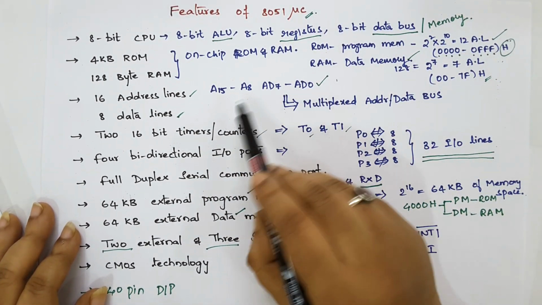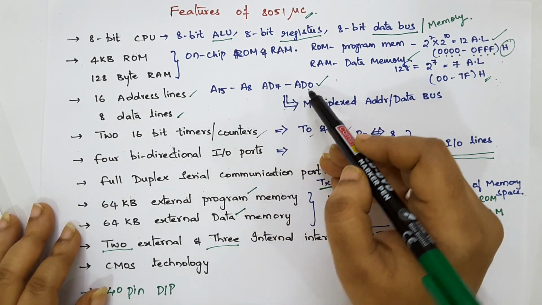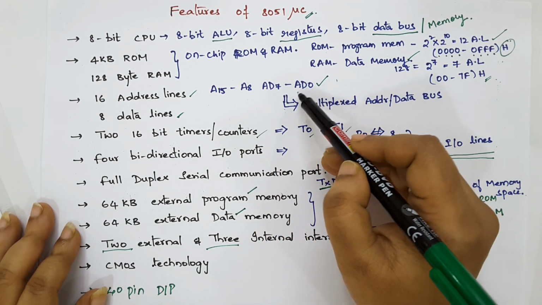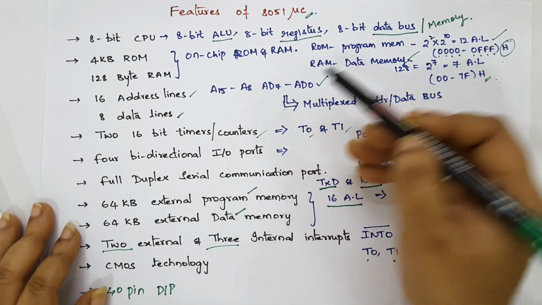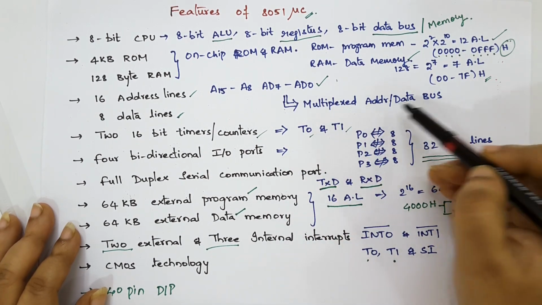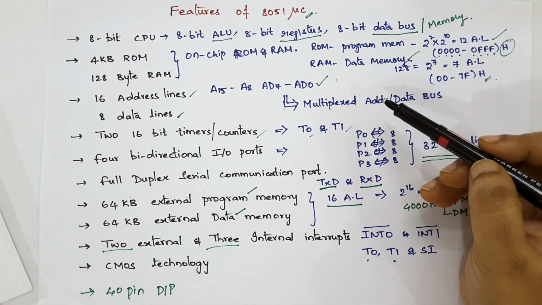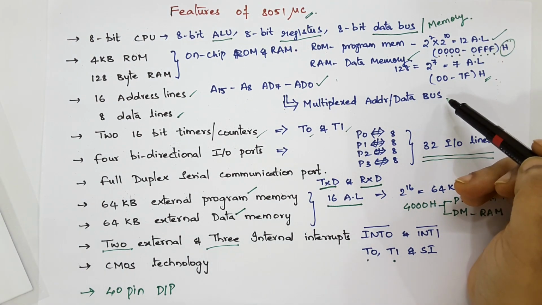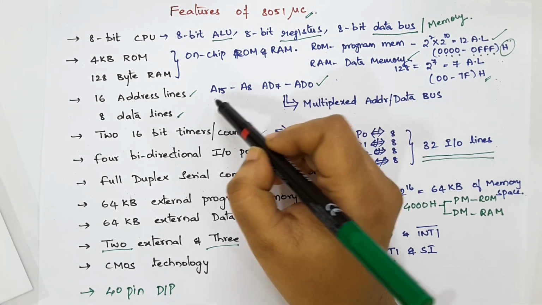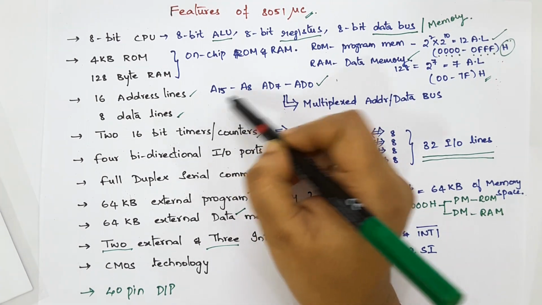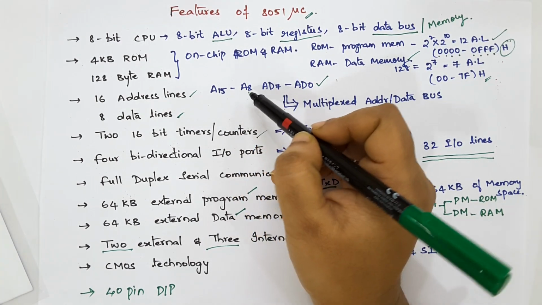If you see the arrangement of the address and data bus, AD0 to AD7 carries both address and data. So that is the reason it is named as multiplexed address data bus. And A8 to A15 are exclusively for the address.